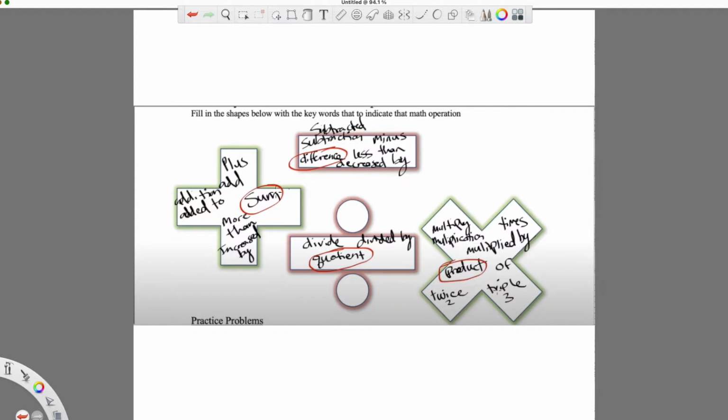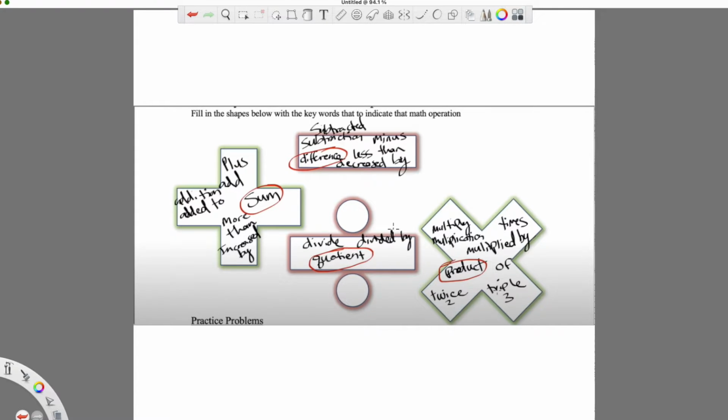We also have a lot of other words in here. For subtraction: subtracted, subtraction, minus, less than, decreased by. For addition, we have addition, added to, add, plus, more than, increased by. For divide, we have divide, divided by, or quotient.